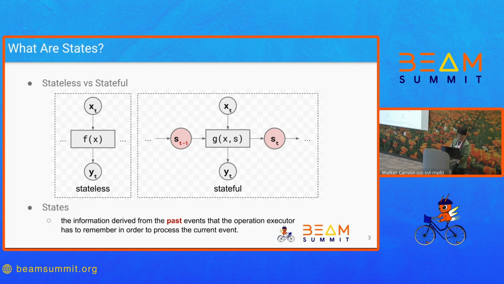The internal variable here is what we call the state for the stateful operation g. In short, states are the information derived from past events, and the operation executor has to remember it to process the current event.